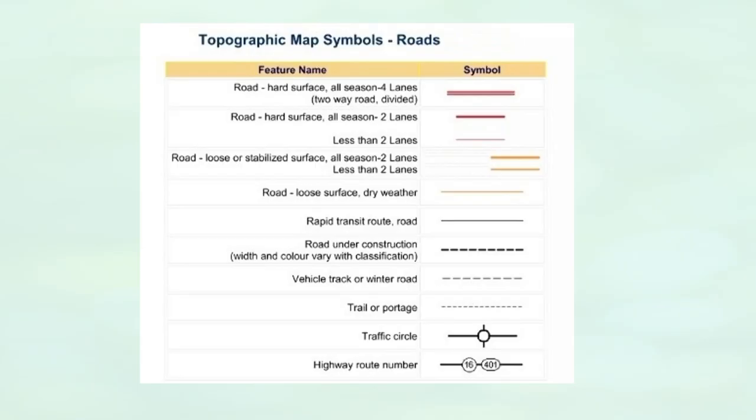On the left side the description of the symbol is written, and how the symbol is present in the map is also shown. Most of the cultural signs representing transportation are linear in type, line symbols. Generally the cultural signs and symbols can be grouped into two, physical and cultural.